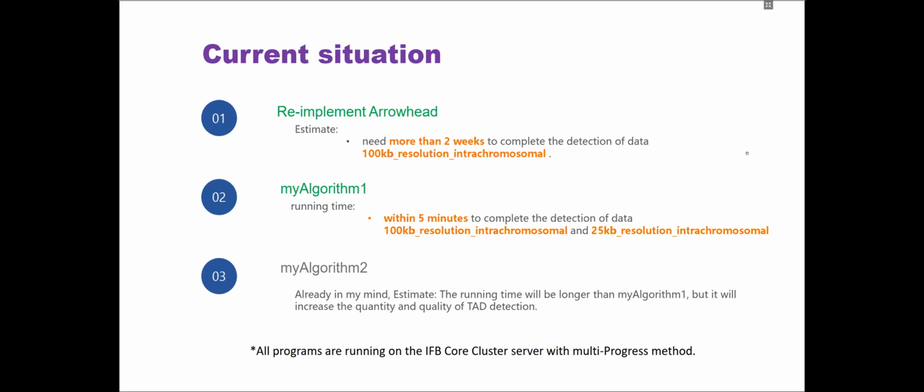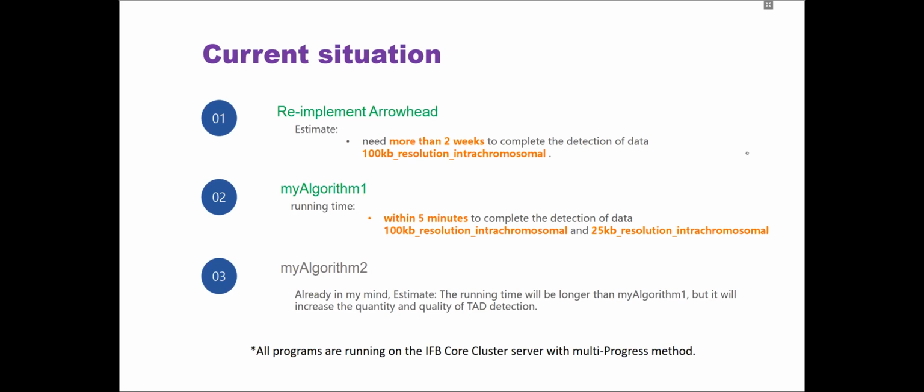This algorithm is inspired by Arrowhead, but we changed the design. It finishes in 5 minutes on the 2 data sets. In fact, we have another method in mind, which may take longer than the first one but could give high quality TADs.